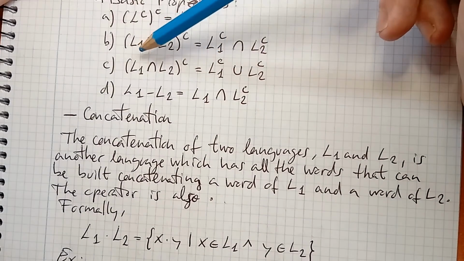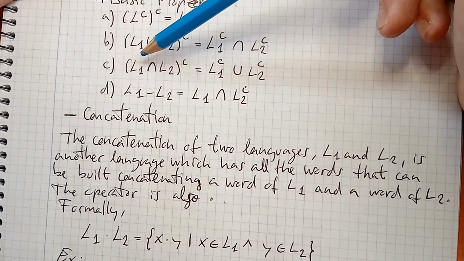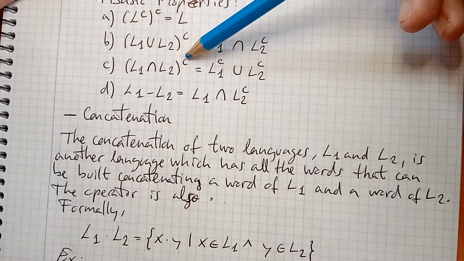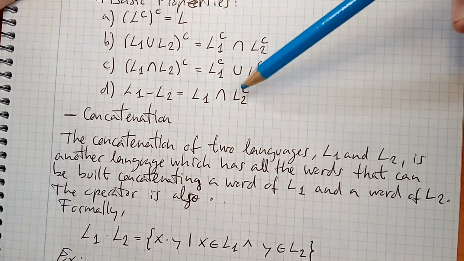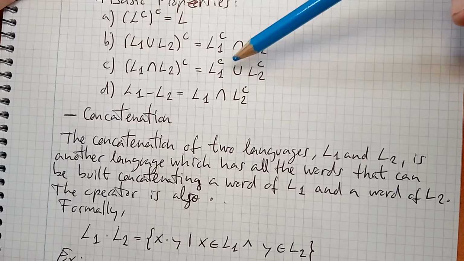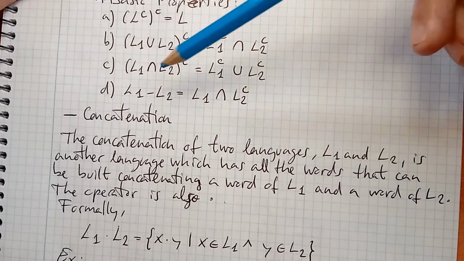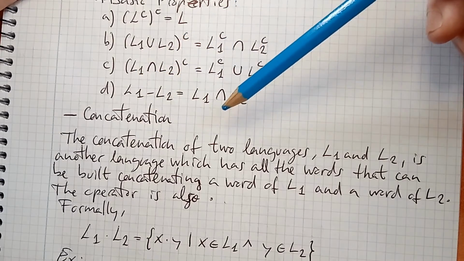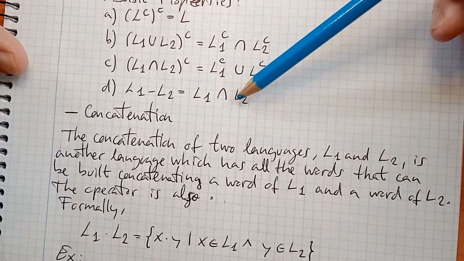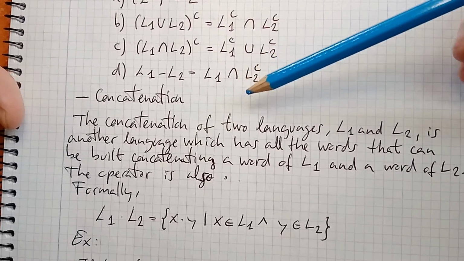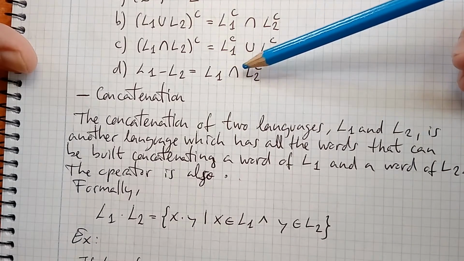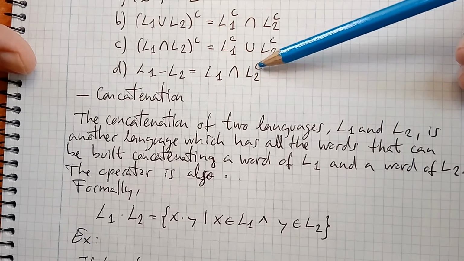The third one: the complement of the intersection of two languages is equal to the first language complemented union the second language complemented. The difference between two languages is equal to the intersection of the first language and the second complemented.